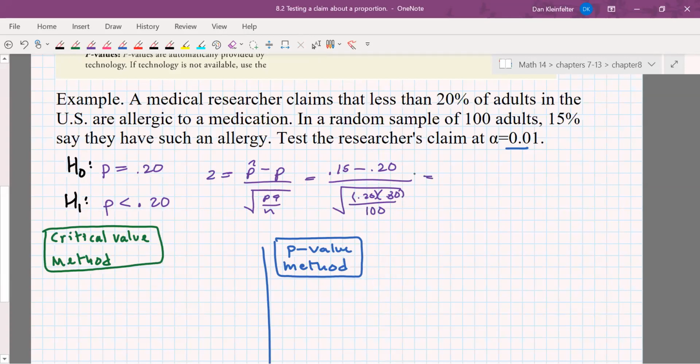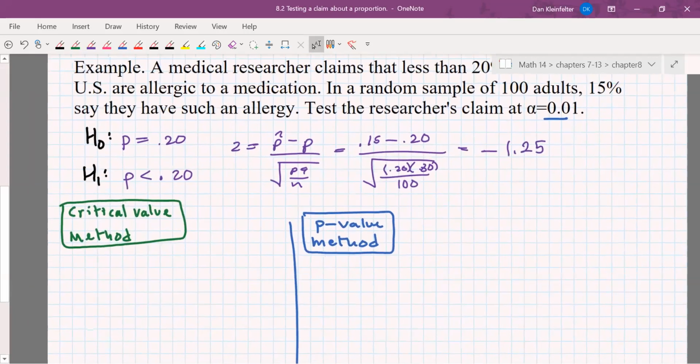Okay, so let's go ahead and calculate that. I'm getting negative 1.25. Now either way we would have needed that test statistic.